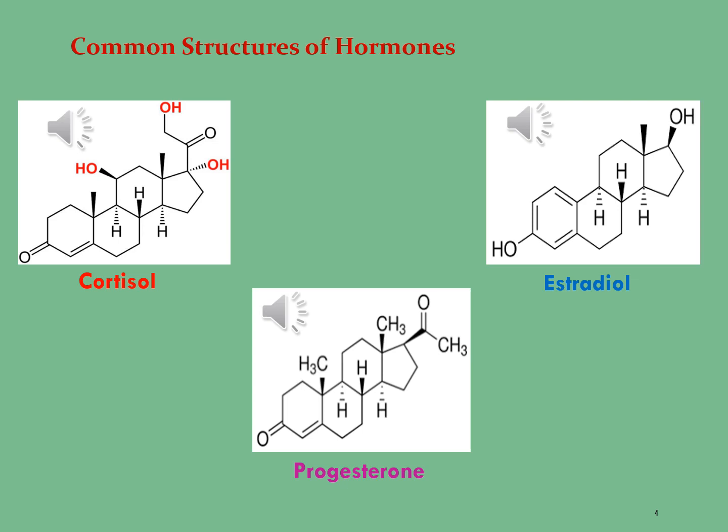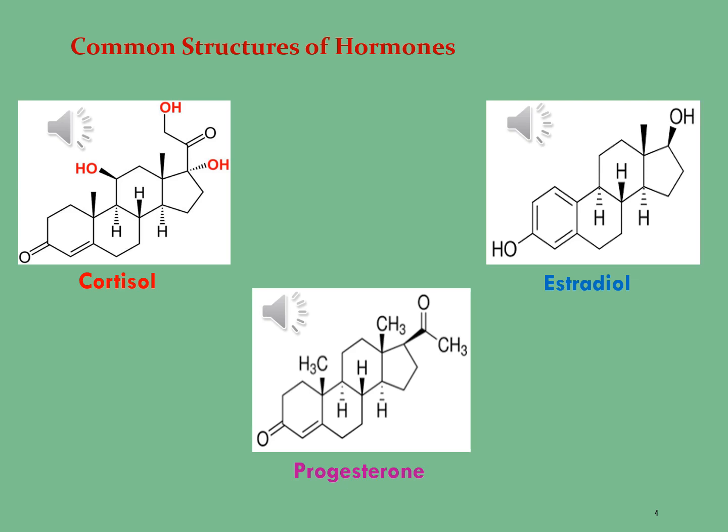The chemical formula of estradiol is C18H24O2, which means it comprises 18 carbon atoms, 24 hydrogen atoms, and 2 oxygen atoms.